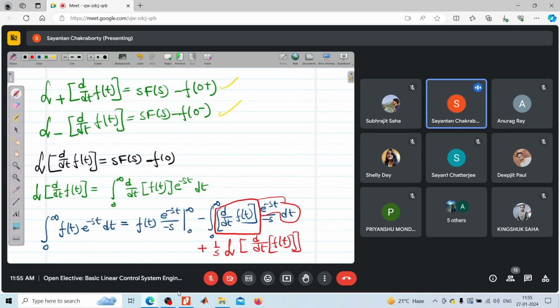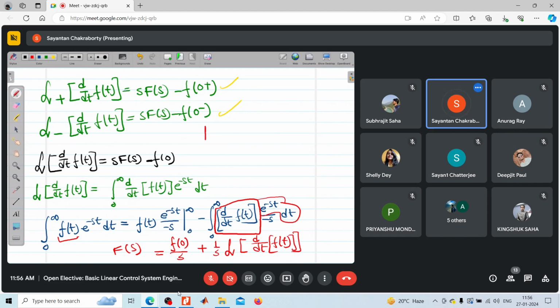And here we'll have only f(0) by s, and this is the Laplace transform of f(t), that is F(s). From that, take this over here and multiply by s.